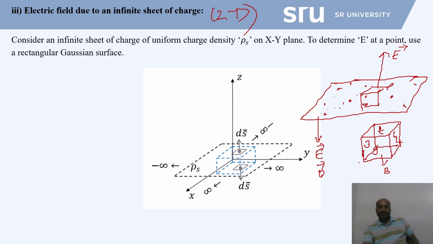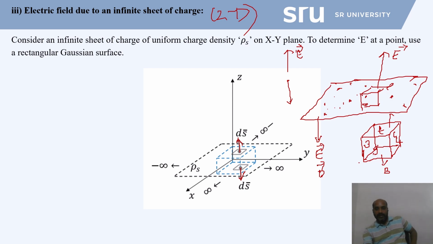However, the electric field direction is either upwards or downwards. Now we'll take both the top and bottom surfaces. See here, this is the direction of the top surface and this is the direction of the bottom surface. These directions are exactly parallel to the electric field intensity; the electric field is perpendicular to the surface.